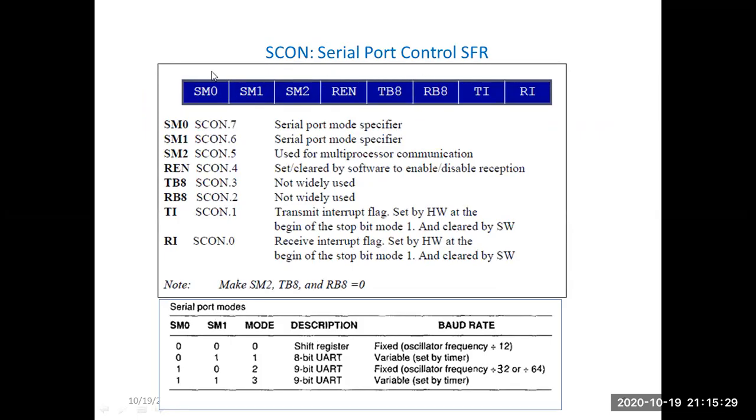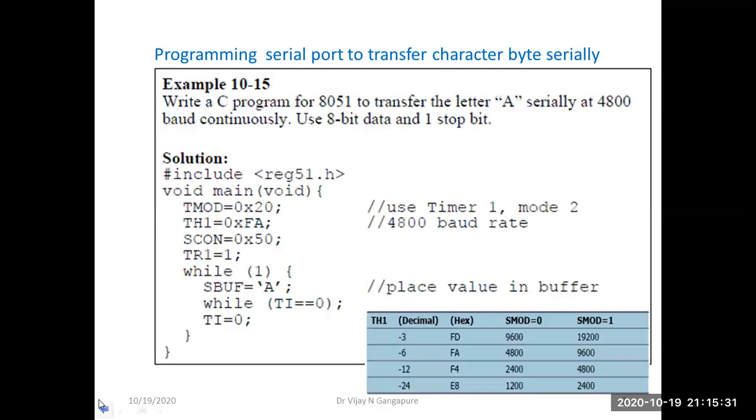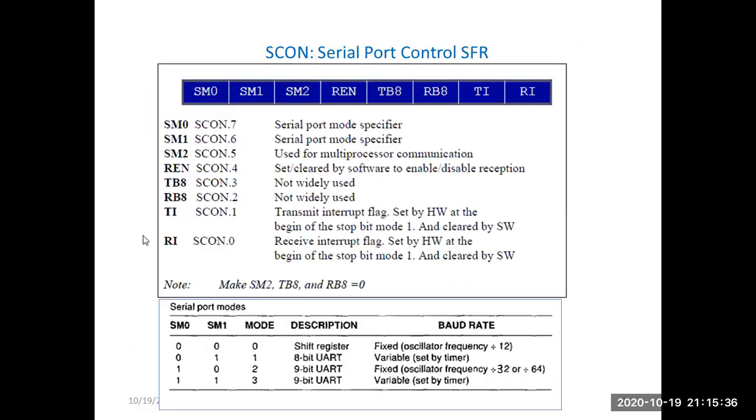If we load 50H into SCON, these bits will be 0 1 0 1, and these will be 0 0 0 0. So this is equivalent to 50H.